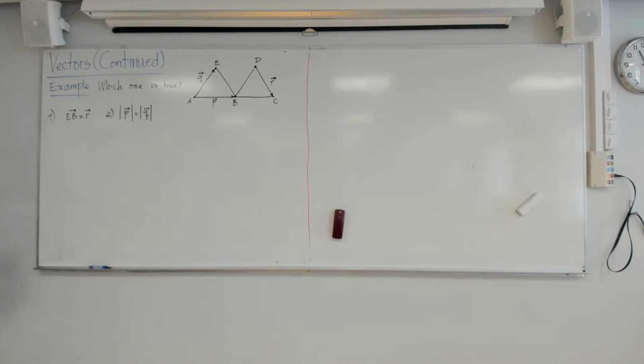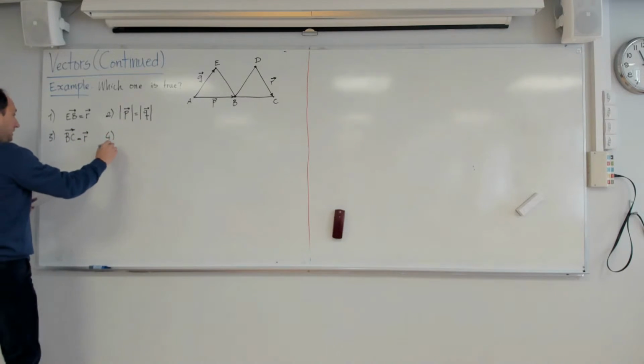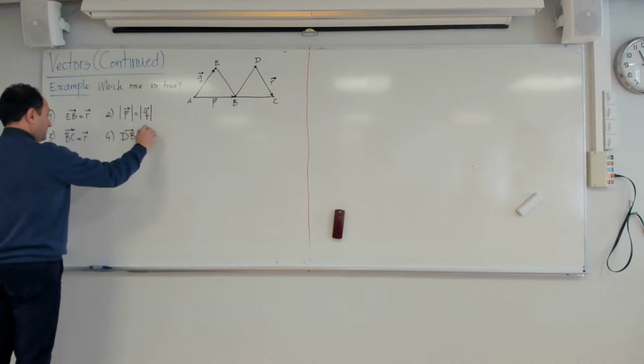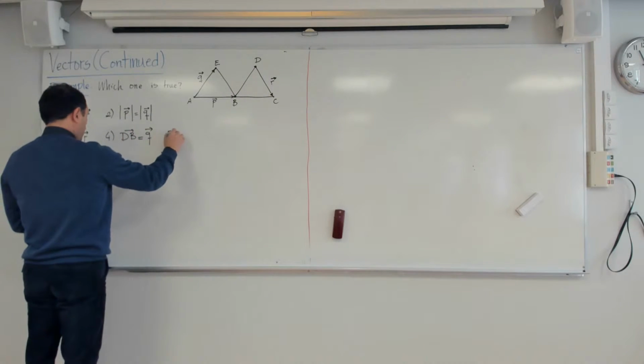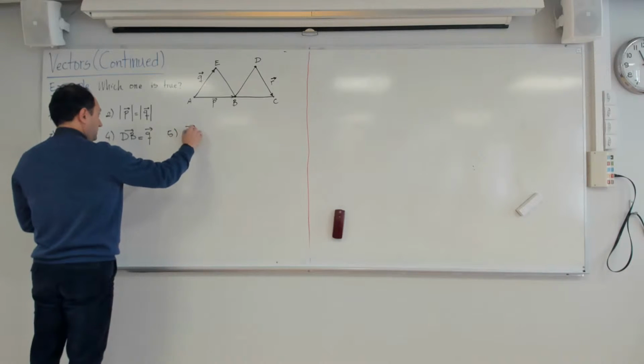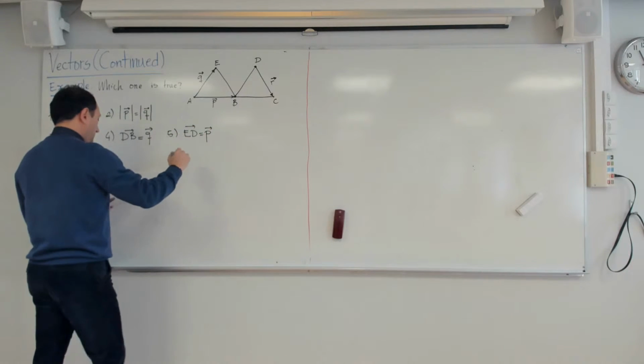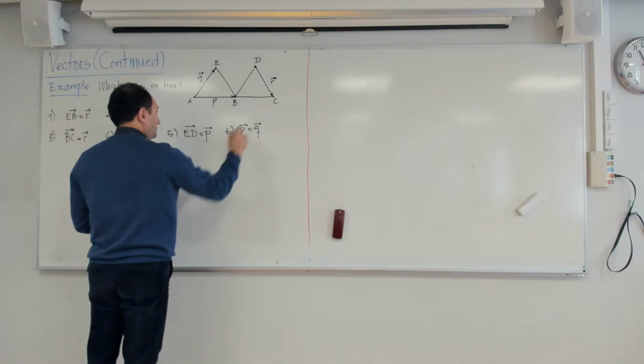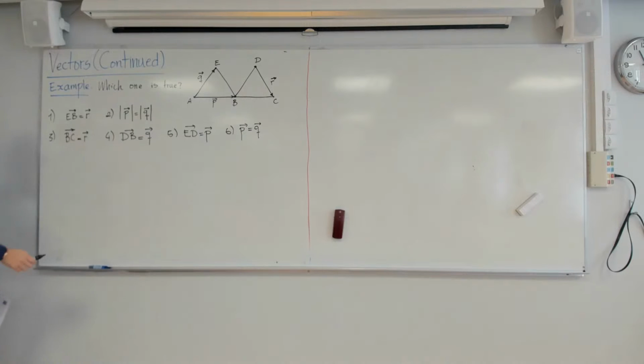Do you remember that was the notation that we used for the length? Number three, the vector BC is equal to R. Number four, DB is equal to Q. Number five, ED is equal to P. And finally, vector P is equal to vector Q. So we want to see which one is true, which one is false.